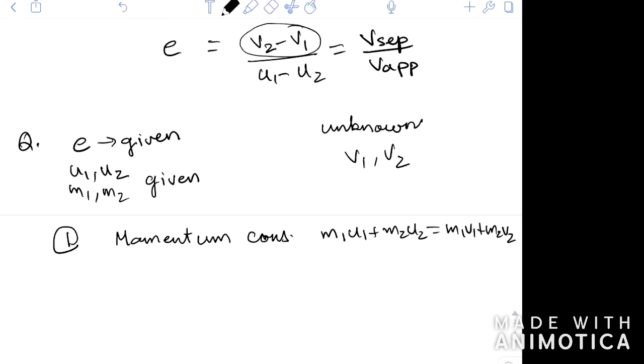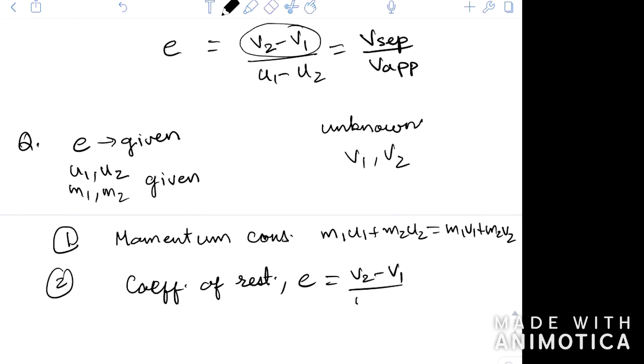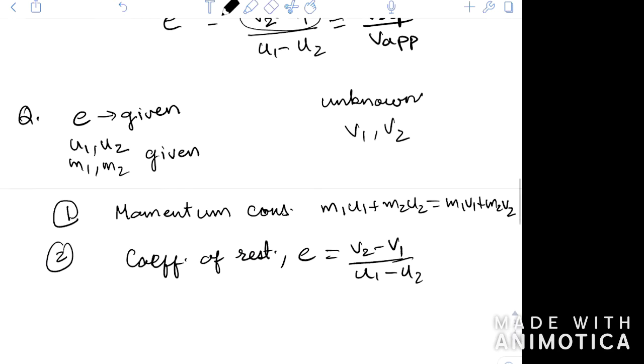And another equation we would get from the coefficient of restitution. So E is equal to velocity of separation v2 minus v1 by velocity of approach u1 minus u2, and that in general will be the way to solve the questions.